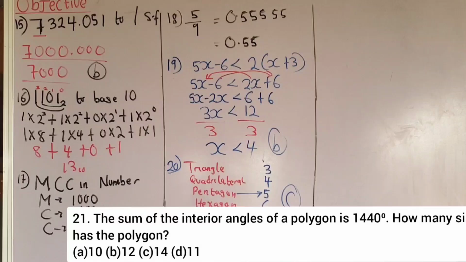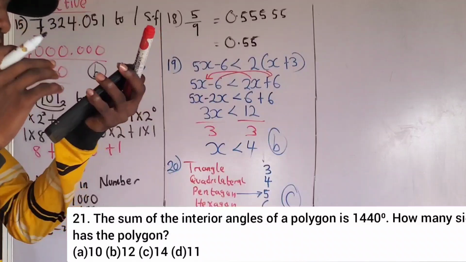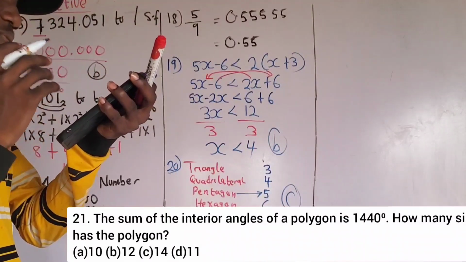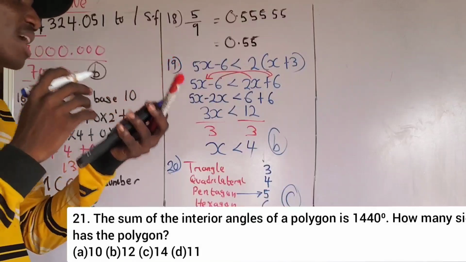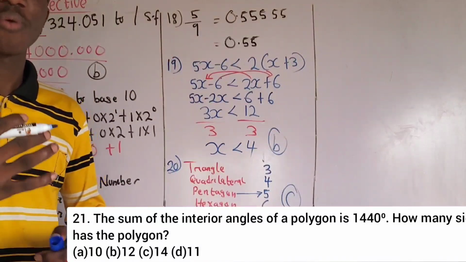Now for question 21, we have: the sum of the interior angles of a polygon is 1440 degrees. How many sides has the polygon? Now, before you can solve this question, you have to remember the basic formula for polygon.